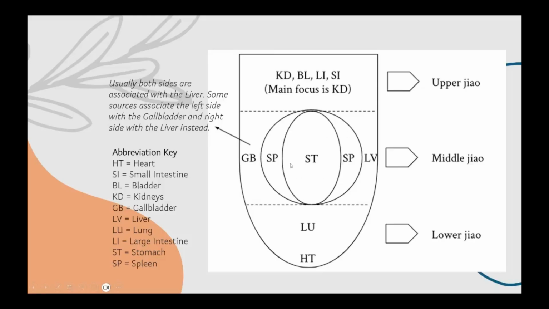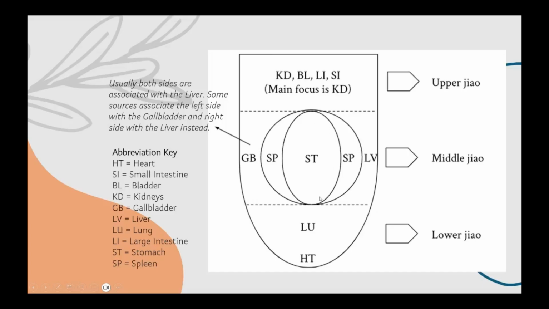Another note here about the inaccuracy of this tongue map. The circle in the middle jiao should be centered. It looks like the liver side is narrower than the gallbladder side, but that's an inaccuracy. It should be equal on each side.